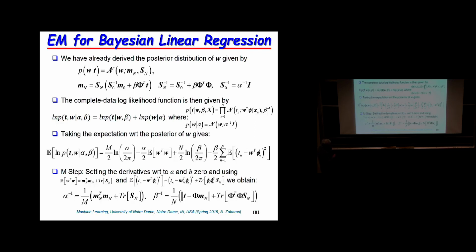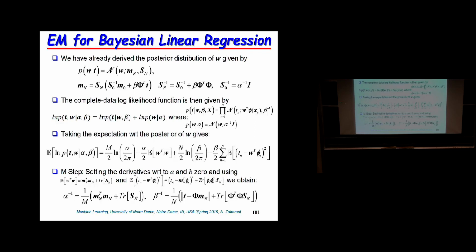If these formulas look cryptic to you, expand every term and substitute the mean and the covariance of the posterior, and you will see that these results are correct. So you plug in this term, you plug in that term, and then in the M step in the EM algorithm, we have to take derivatives with respect to alpha and beta. We have to optimize the expected joint data log likelihood.